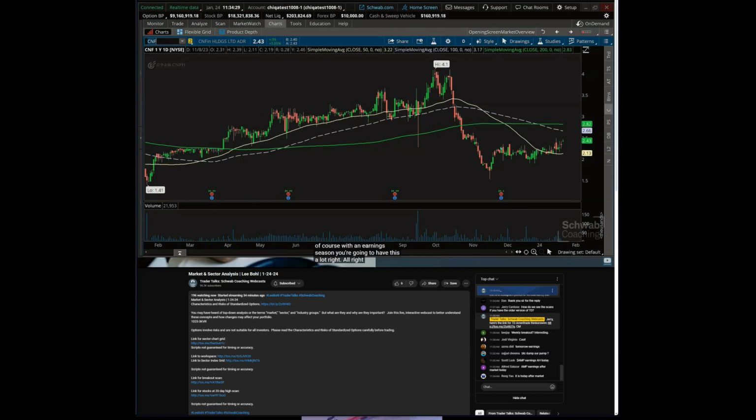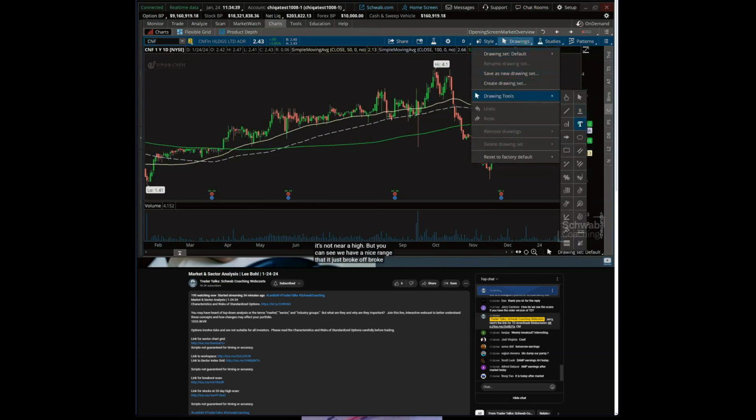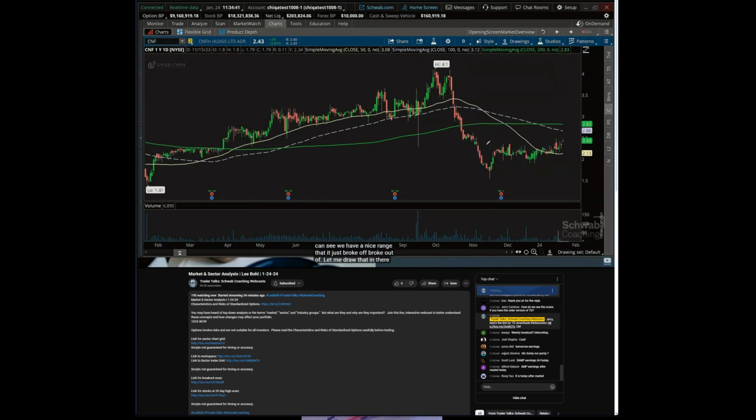This one has also broken out, although it's not near a high, but you can see we have a nice range that it just broke out of. Let me draw that in there. And this one we wouldn't touch because it's a $2 stock.